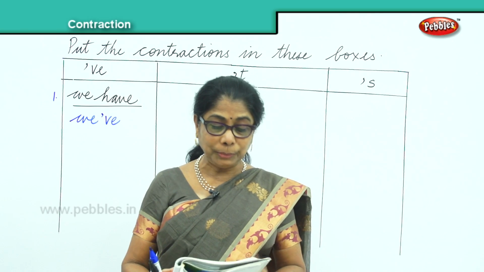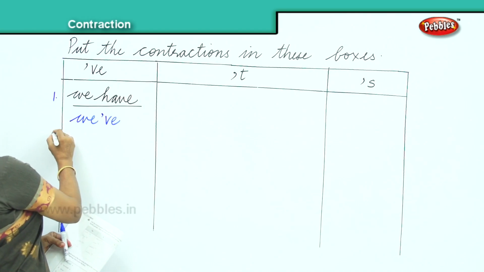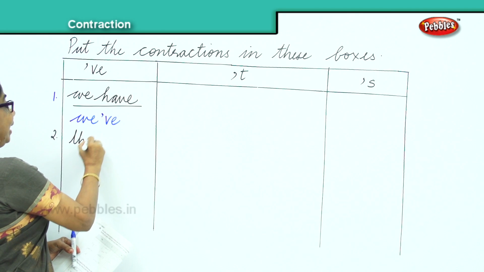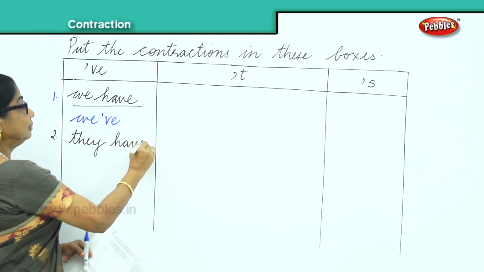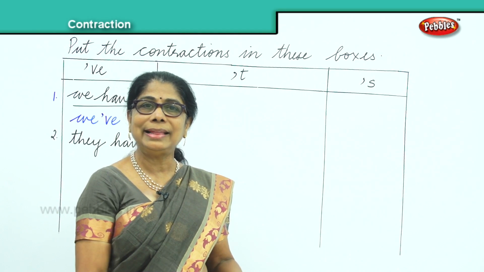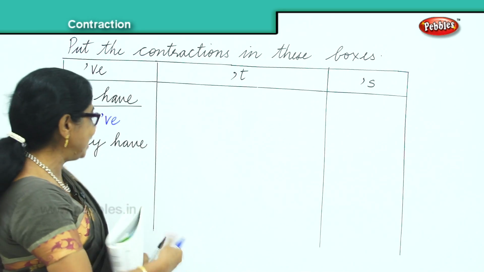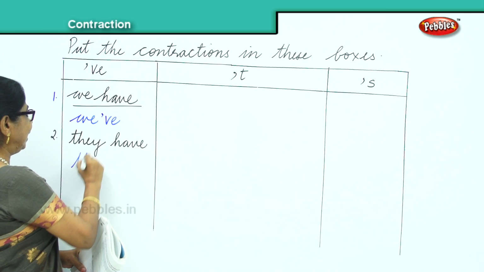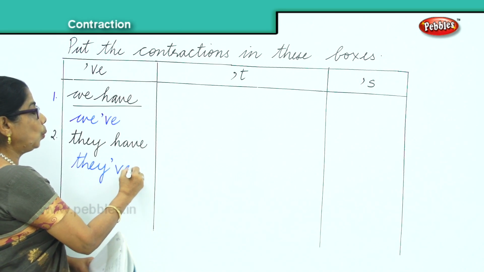Next one, give me some more. They have. Very good. You say they have come. Or you say they haven't. They've. How will you write? You will write they, apostrophe, and you write ve.